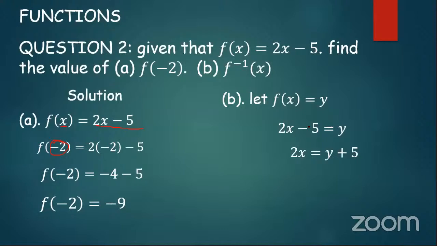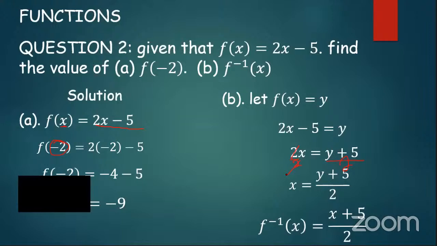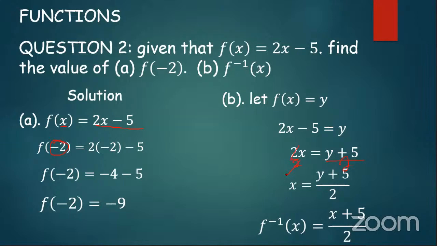Then we divide both sides by 2, so that this 2 cancels with that, and we remain with x equal to y plus 5 divided by 2. After that, the inverse of our function is equal to, where there is y, we substitute x, since we have our f inverse in terms of x. So it becomes x plus 5 divided by 2.